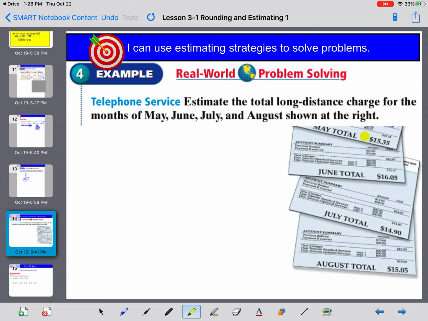When I look at these numbers, 15.35, 16.05, 14.90, and 15.05, they're all very close together. They're clustered. So what number are they close to? To me, they're all close to $15. And there are 4 bills. 4 times 15 is about $60 total.